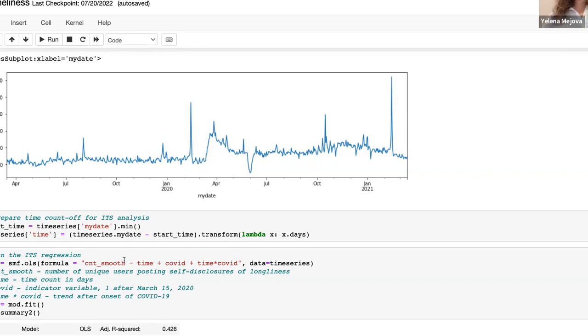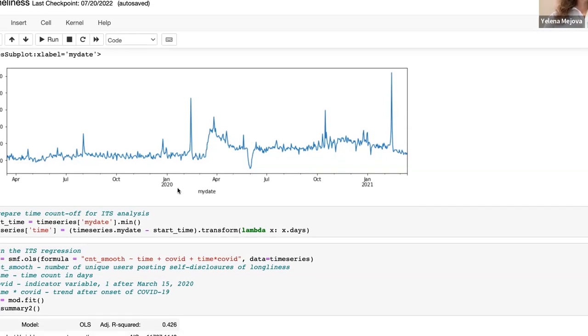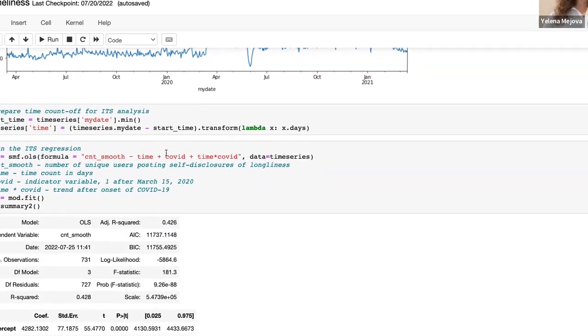So one of the things you can do is a super simple linear regression. Basically, what we say is something happened here, and that's lockdowns. So this would be our interruption to our time series. And so we want to model this bit and this bit separately. So we have this formula saying, okay, our smooth count, we are looking at it using time, just with time going by.